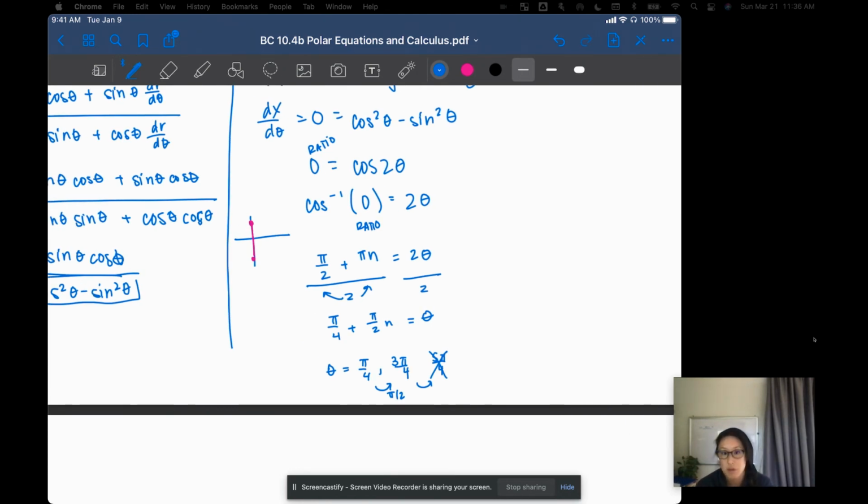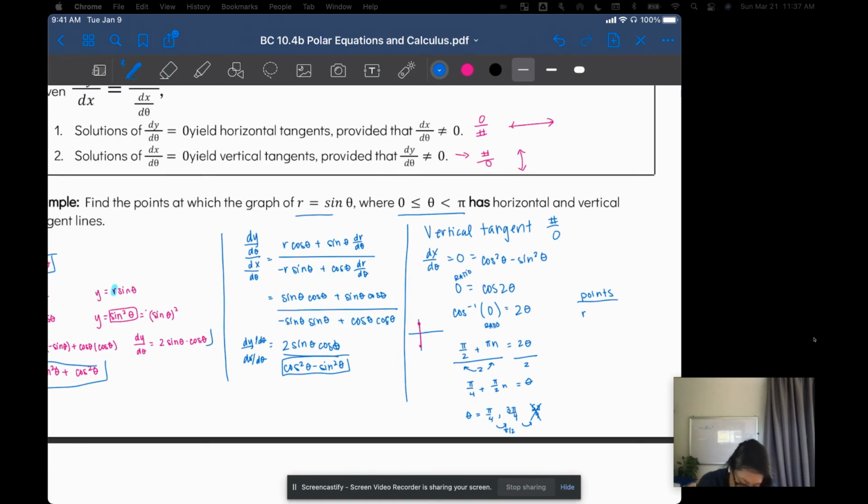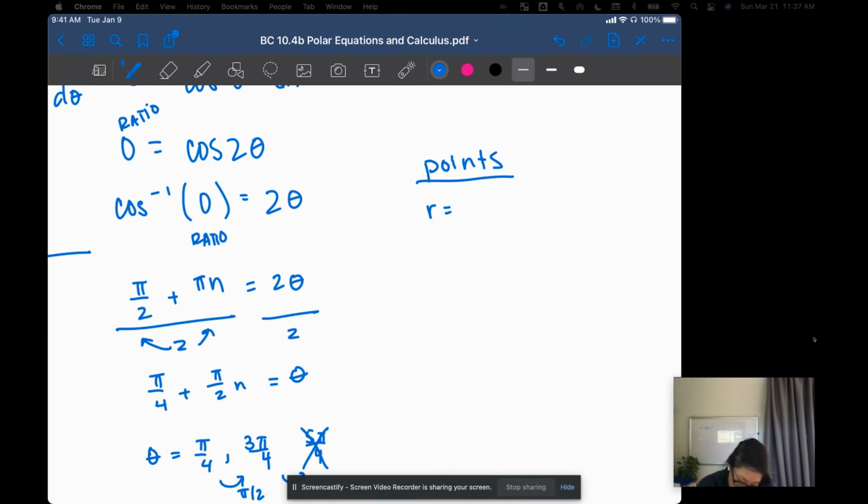The last thing for the vertical tangents is it asks for the points where we have vertical tangents. Remember our equation from the very beginning is r is equal to sine theta. So to find the radius, I'm going to substitute in pi over 4 and 3 pi over 4 for theta.